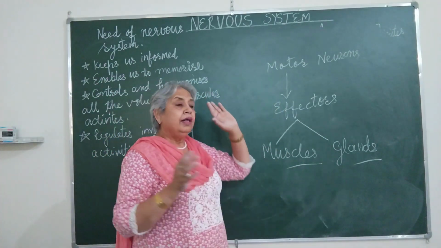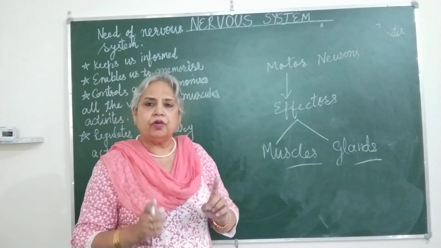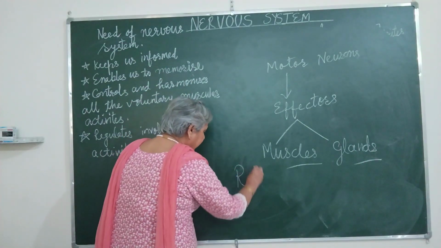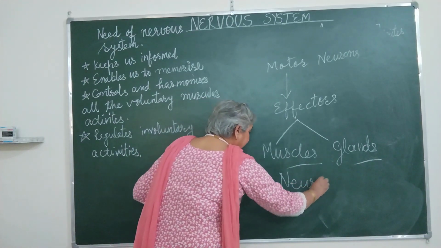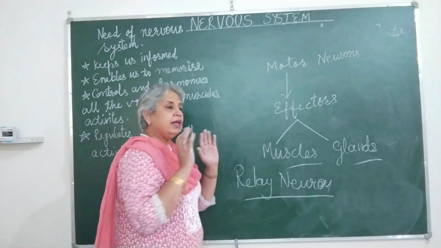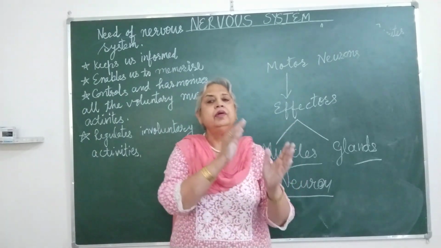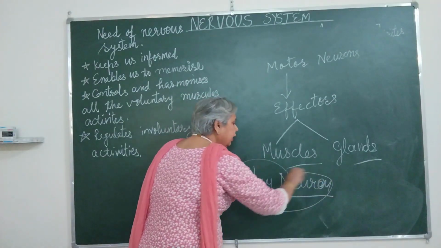So now sensory to motor. In between there is also an intermediary neuron and that is called relay neuron. Okay. Now relay means sensory gives message to central nervous system. Central nervous system passes to motor neuron through this relay neuron.